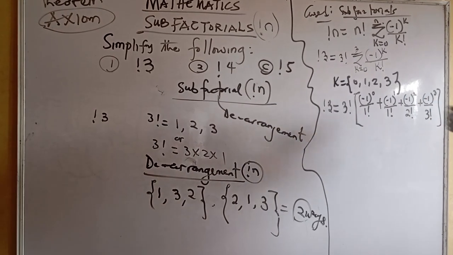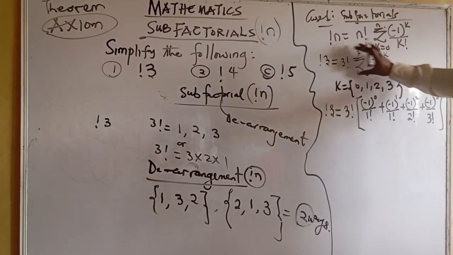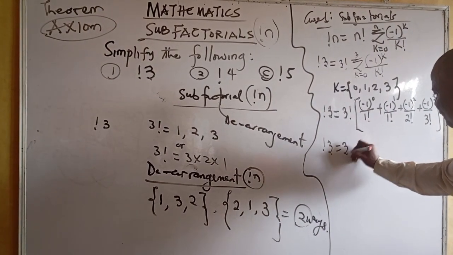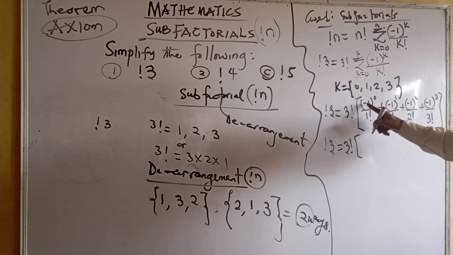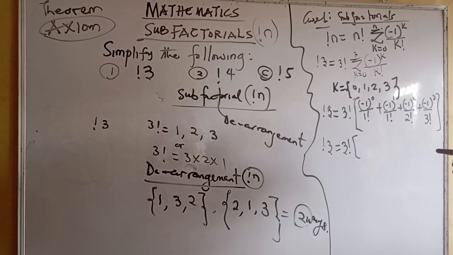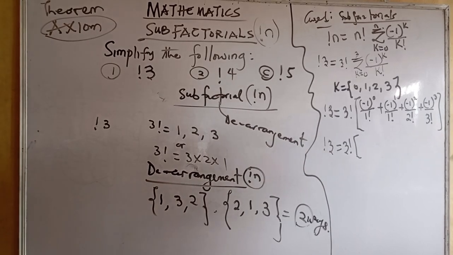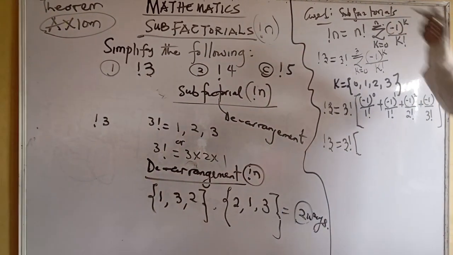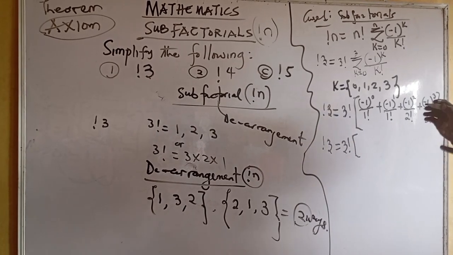And done. Now I solve for them. Minus 1 raised to power 0 is 1. Why? Any number apart from 0 raised to power 0 is 1.